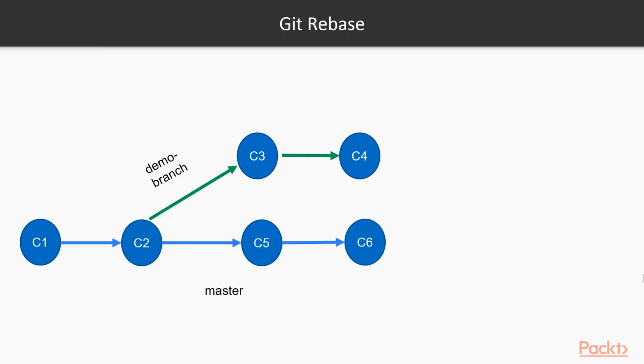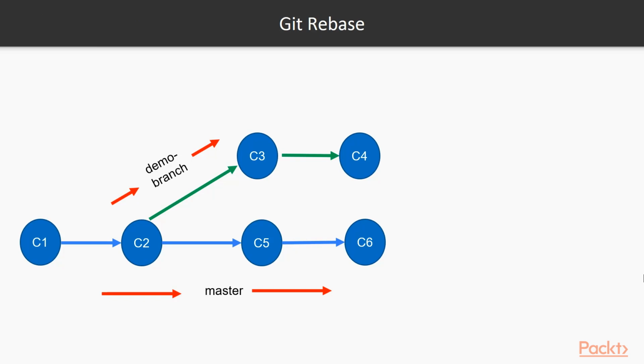So that's the demo branch, and this is the master branch. Now you can see the commits C3 and C4 have their base as commit C2. What rebase will do is change the base of commits C3 and C4 to C6, and as a result we'll have a flat and linear commit history. So let's depict it visually.